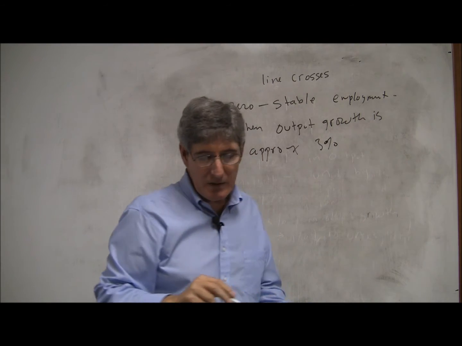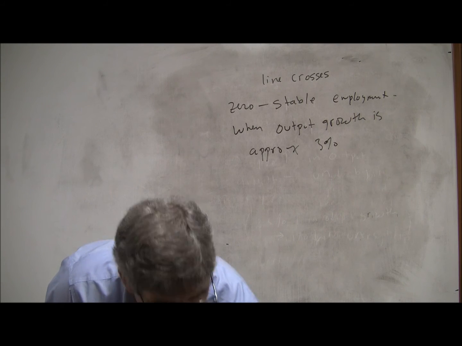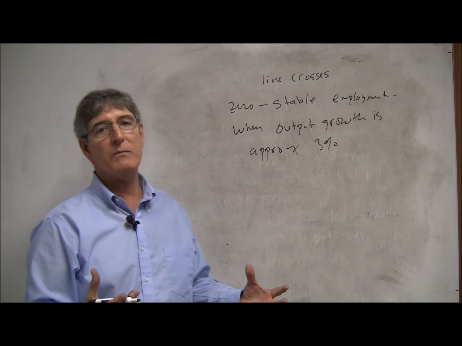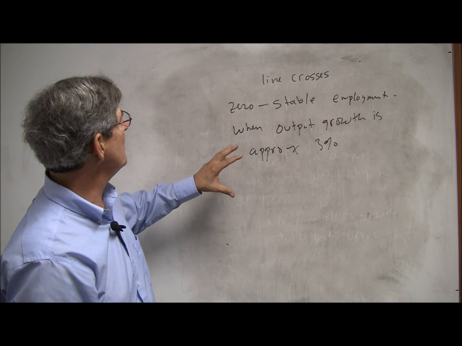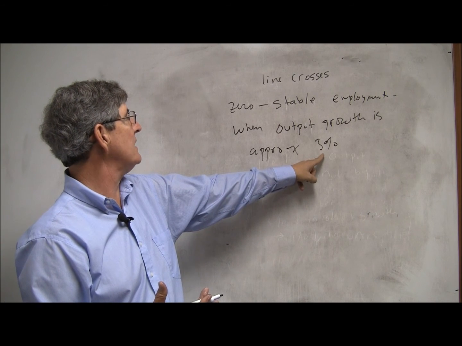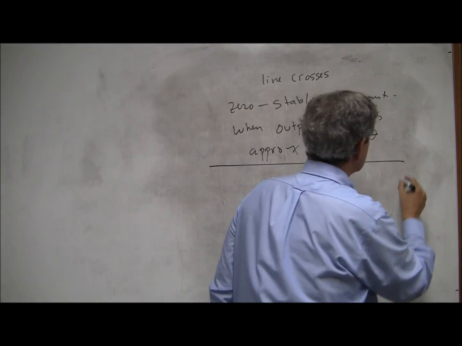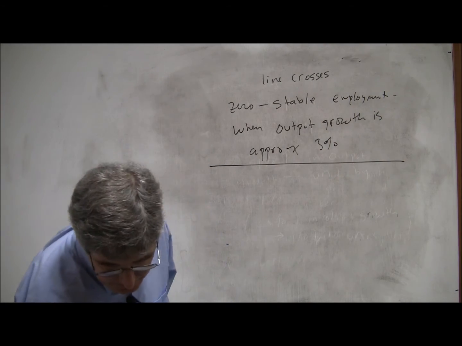So that's telling us that we need a 3% rate of output growth to keep the unemployment rate from changing. Now that's changed a little bit recently. This is probably more like 2 to 2.5%. But you need a certain amount of growth to keep unemployment constant.